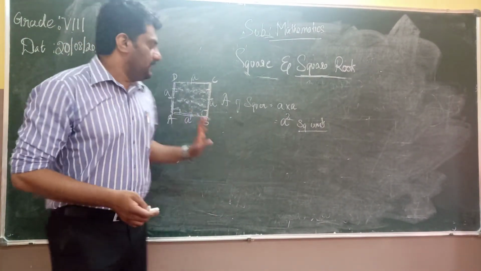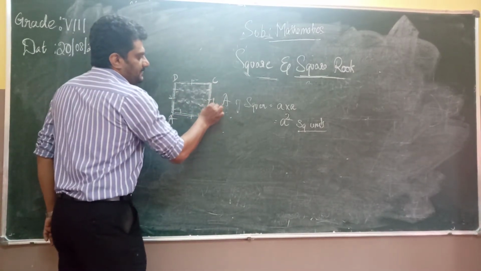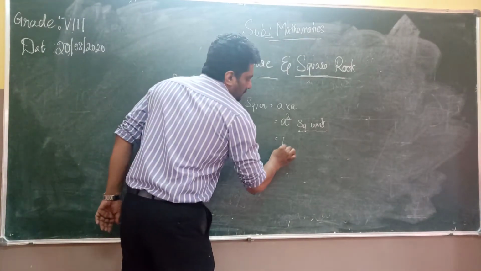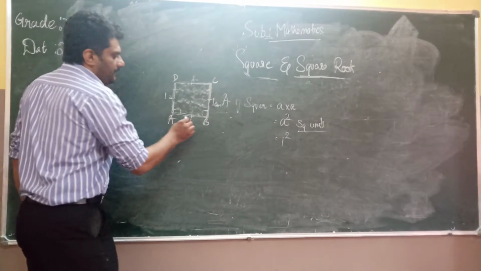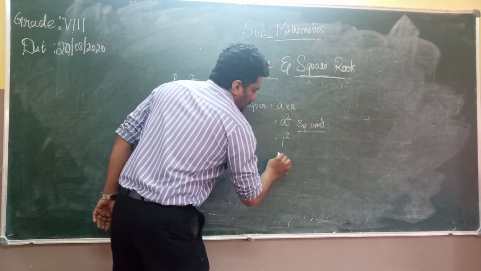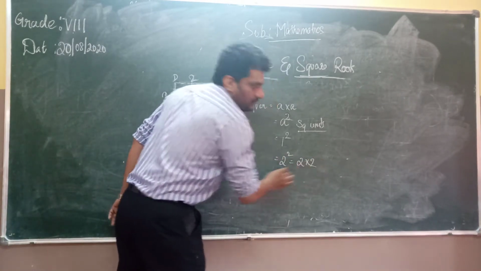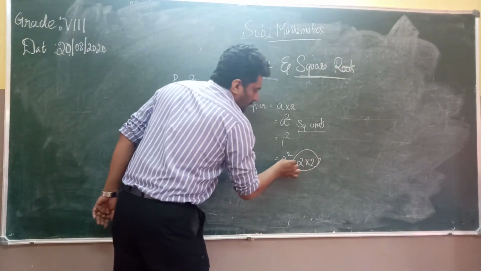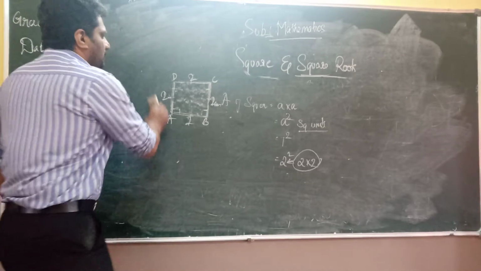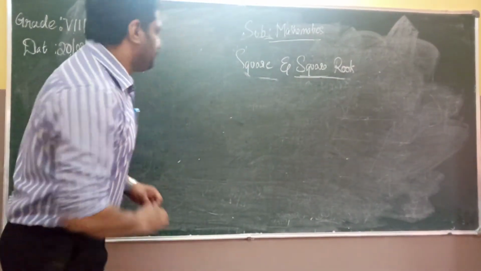Anything is fine. Now here, instead of A, if I have 1 centimeter, this will become 1 square. If I have 2 centimeter, it will become 2 square, which is nothing but 2 into 2. So we can write this as 2 square. So in general, what is a square? It is nothing but an integer.